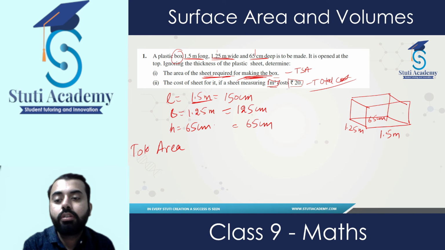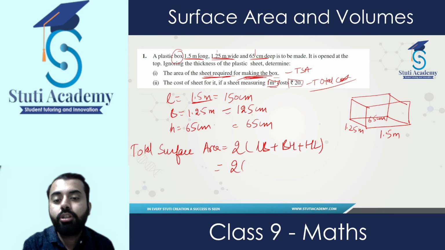So its area will be what? Total surface area. Tell me which formula should I apply? Yeah, it will be this formula: 2 into (LB plus BH plus HL).